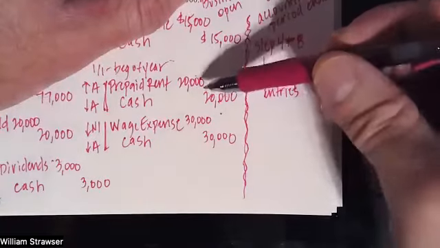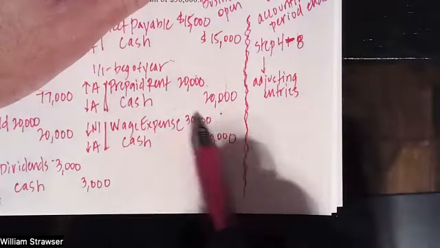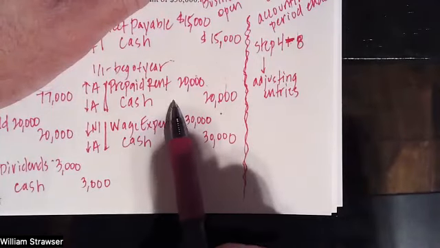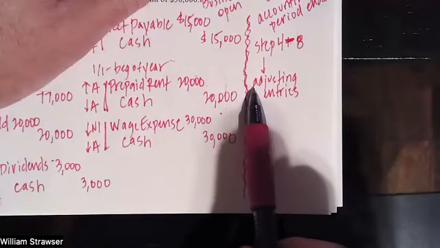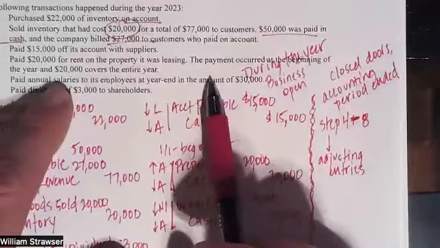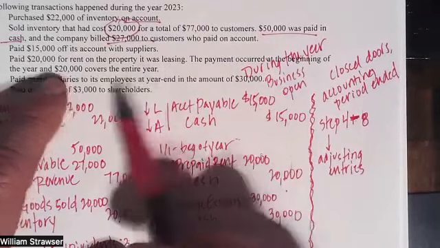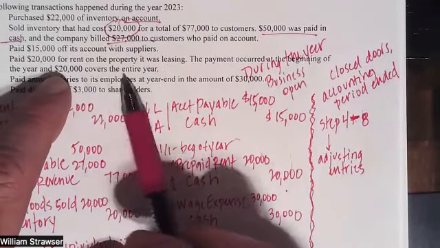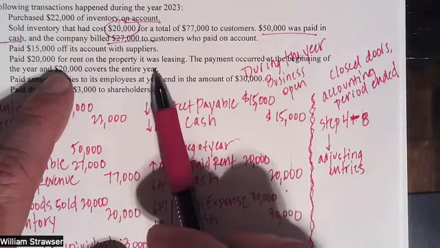Then when we have this prepaid asset, well, at the beginning of the year, we paid $20,000 of cash to establish it. But over the course of the year, we then used it up. If we go back to that piece, it says I paid $20,000. It occurred at the beginning of the year, and $20,000 covers the entire year. So that's just going to cover me for 1 year's rent.